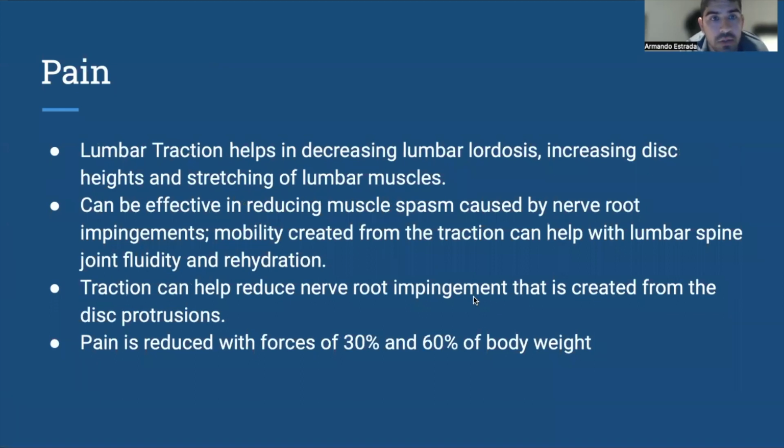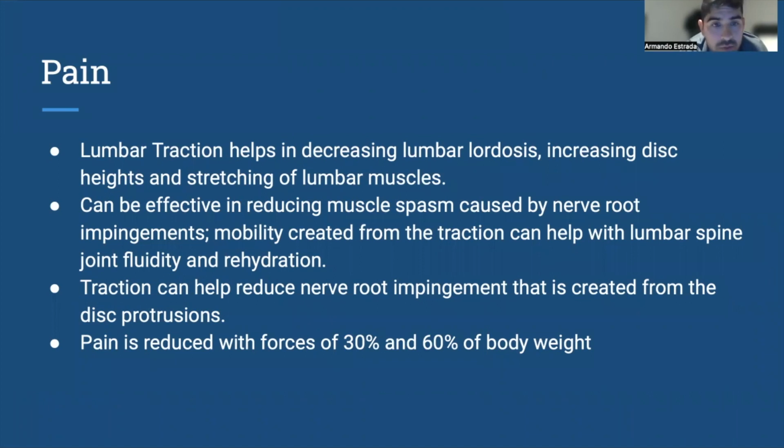So with lumbar traction, it helps decrease a number of issues, such as lumbar lordosis, increasing disc height and stretching of the lumbar muscles. It can be effective in reducing muscle spasms caused by nerve root impingements, just by the mobility that it creates from the traction.